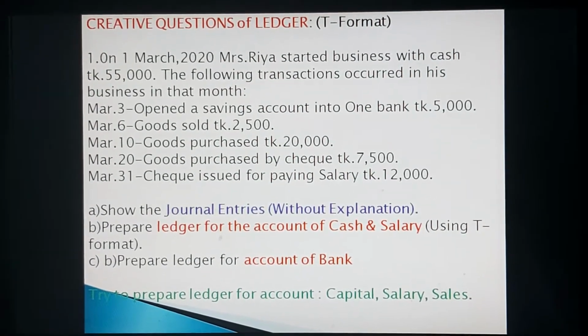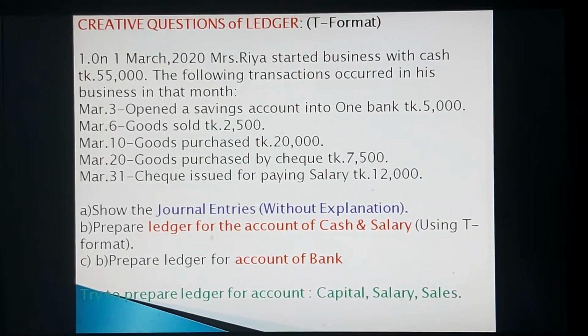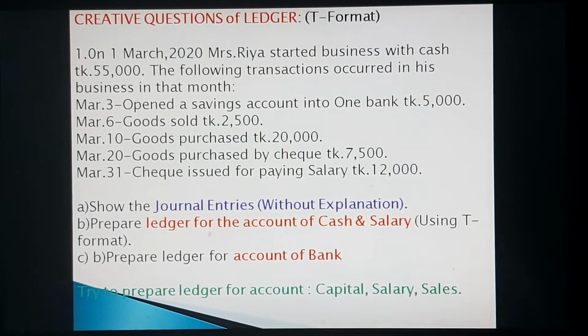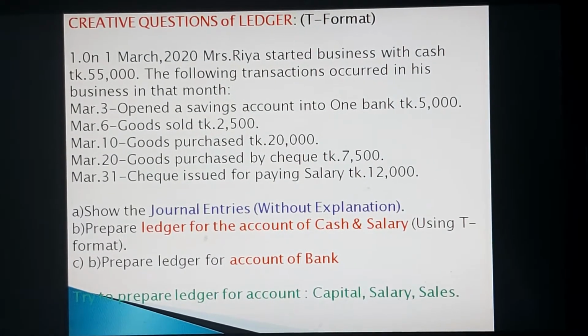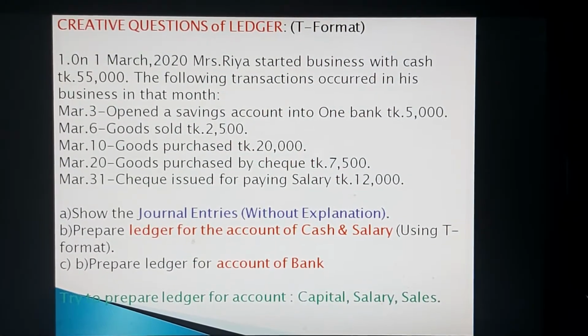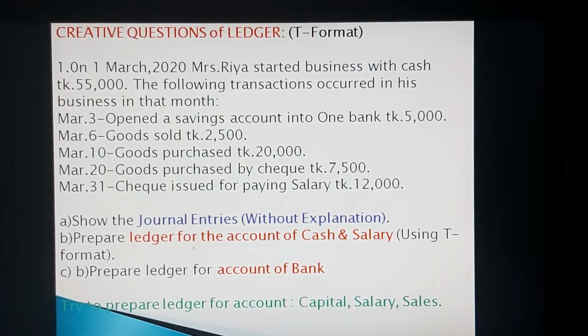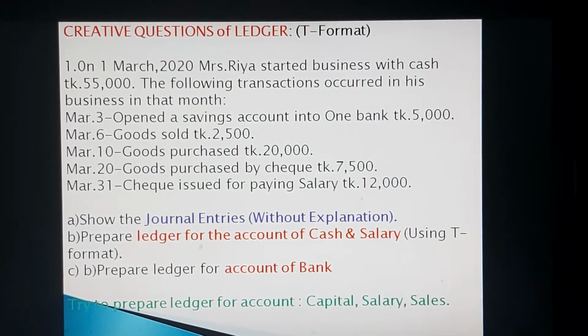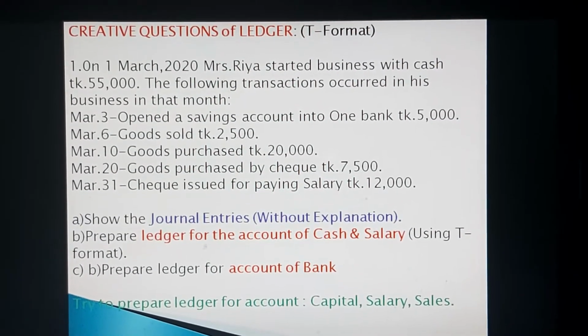Dear students, I think you have written in your copy this creative question for solving the question of ledger using T format. Dear learners, we'll start the solution of this creative question.